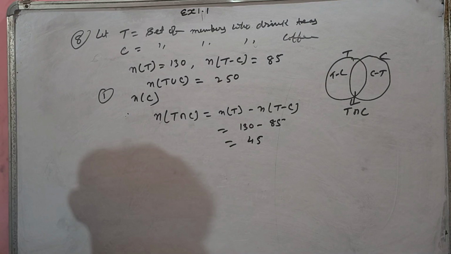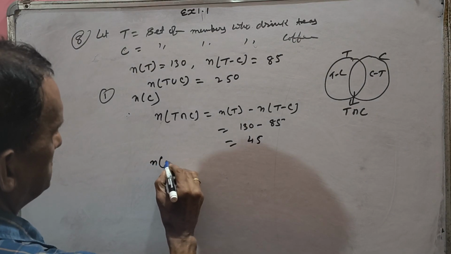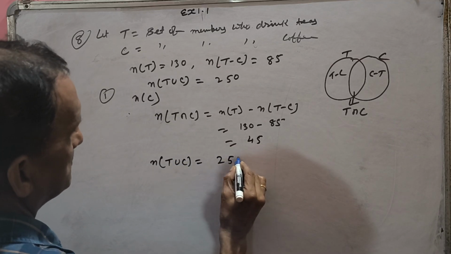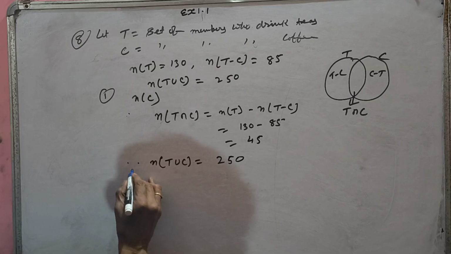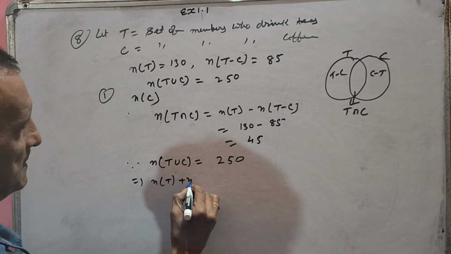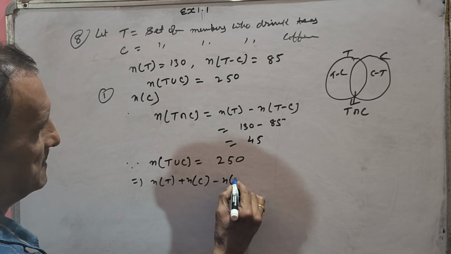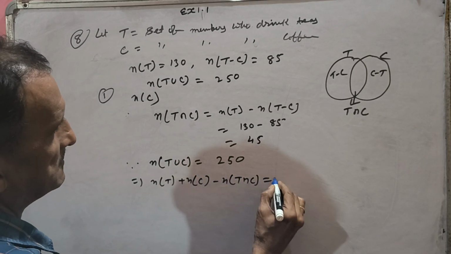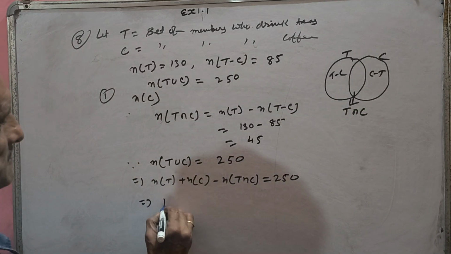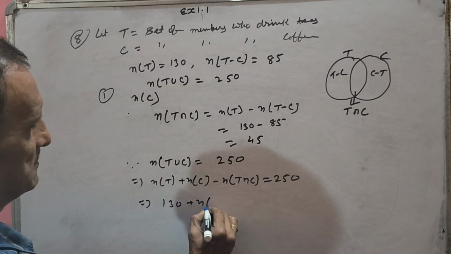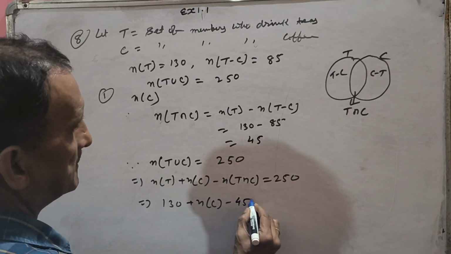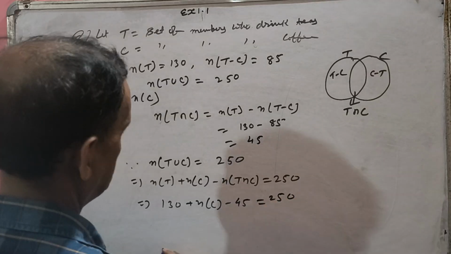Now, N(T union C) is given 250. You have the formula. N(T) plus N(C) minus N(T intersection C) equal to 250. So N(T) is given 130, N(C) is not given, N(T intersection C) we have calculated 45, is equal to 250.